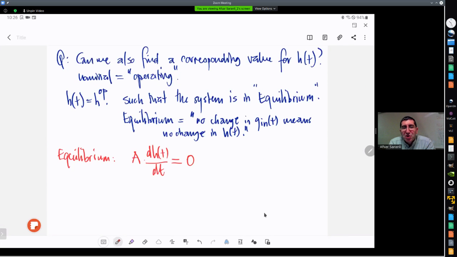No change in the state is the definition of the equilibrium. Sometimes it's called an equilibrium point, but the point keyword is kind of misleading, as we will see in a minute, or operating point.